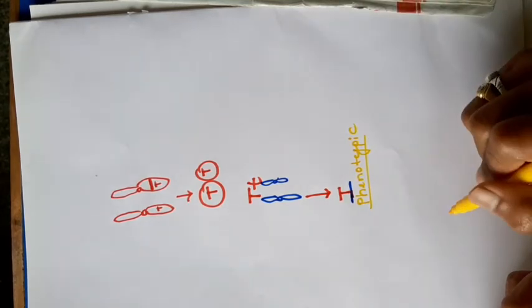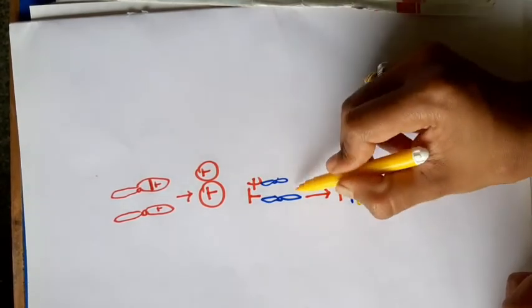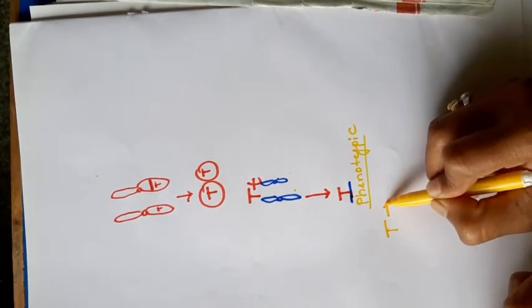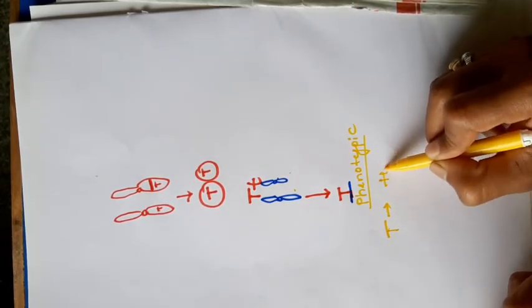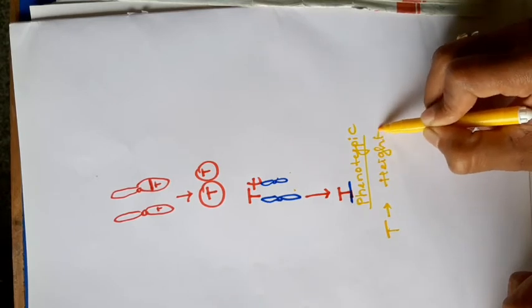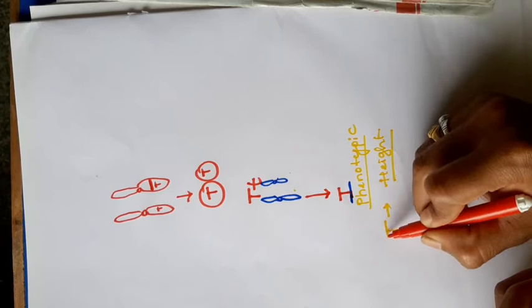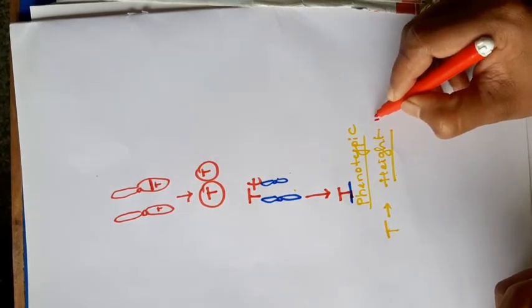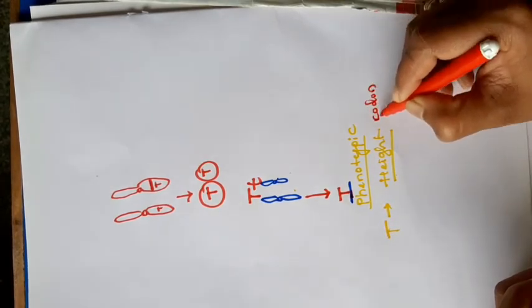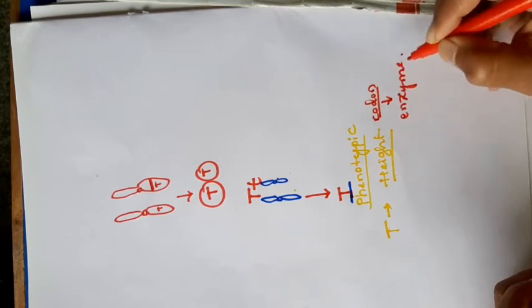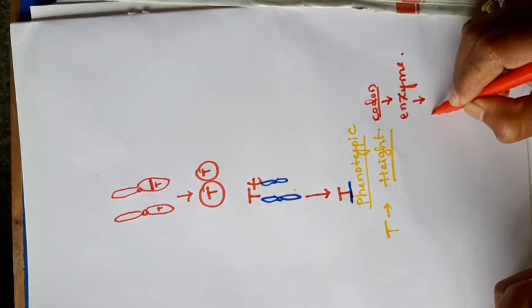Suppose T is necessary for height. In the T gene, the codons are present which code for a particular enzyme for tallness.